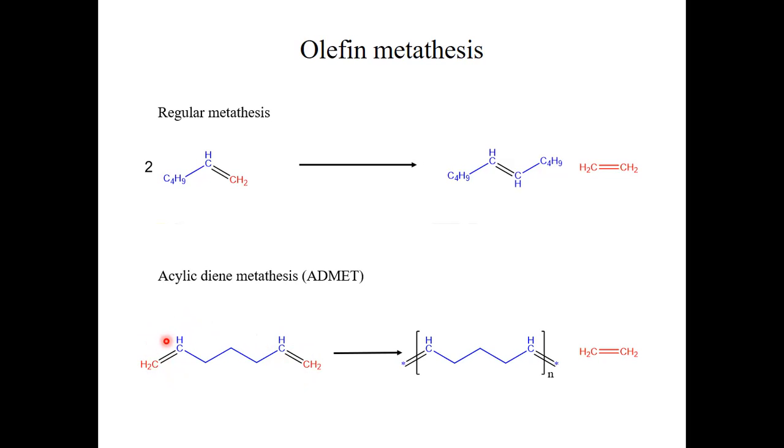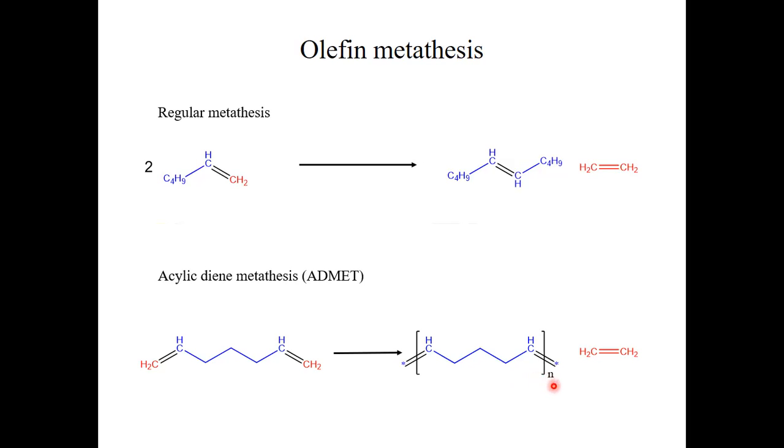As we do olefin metathesis, we cleave the carbon-carbon bonds in the middle here and here, and reconnect the fragments in a different way. That again produces ethylene, and the ethylene can be driven off from the reaction mixture quite easily, and that serves as the driving force for the reaction, shifting the chemical equilibrium to the right side.